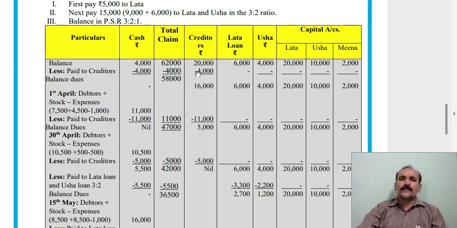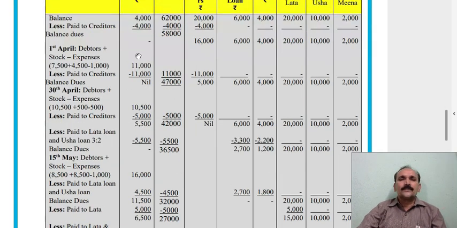From 20,000, deduct 4,000, balance is 16,000. Then cash balance is nil. We have to take the first realization on 15th April: debtors, stock and some expenses also made. So that is deducted from realizations.